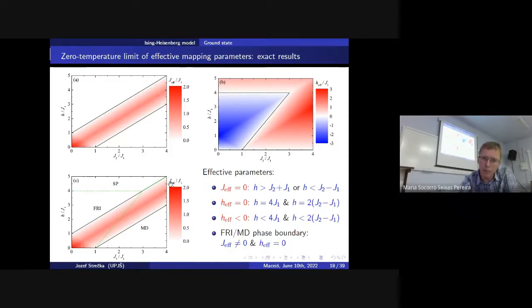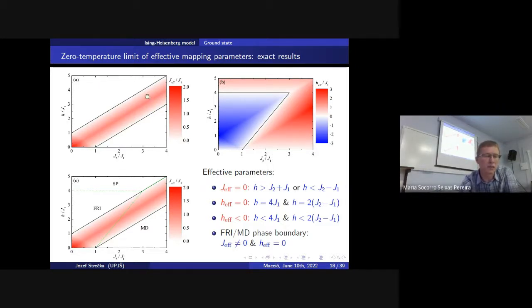And now if we plot phase boundaries, these are the green broken lines which are not well seen, one can see one important thing. The first order phase transition line between the ferrimagnetic state and the saturated paramagnetic state runs through the region where the effective coupling is zero.